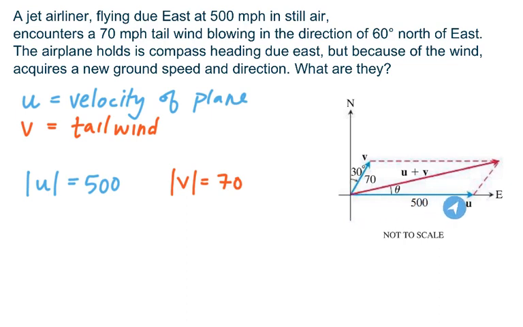Now, the positive x-axis in our diagram is representing east, and 90 degrees is representing north. So as we think about representing these vectors in component form, U is 500 in the x direction, 0 in the y direction.